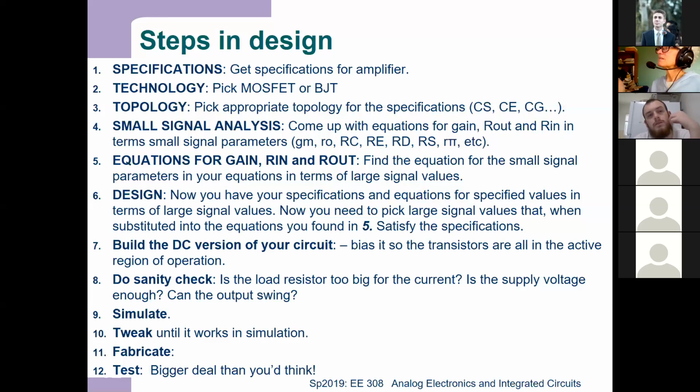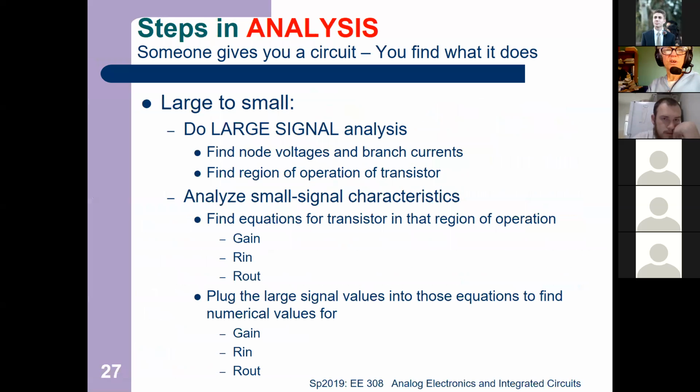These are kind of opposite of what you've been doing in other classes. So for steps in analysis, they usually give you the circuit and say, figure out the currents and voltages. And once you figure out the currents and voltages, now you can go figure out what the gain is. So it's the opposite direction: you're given the circuit, then you find the voltages and currents, and then you find the gain.